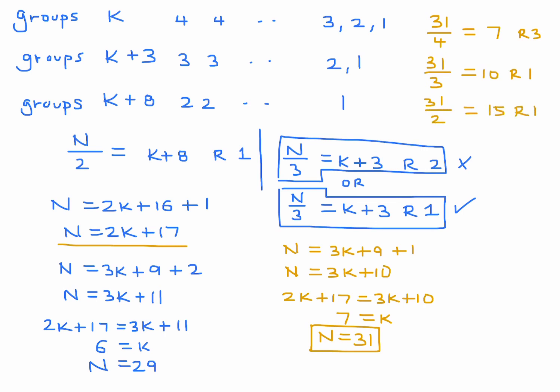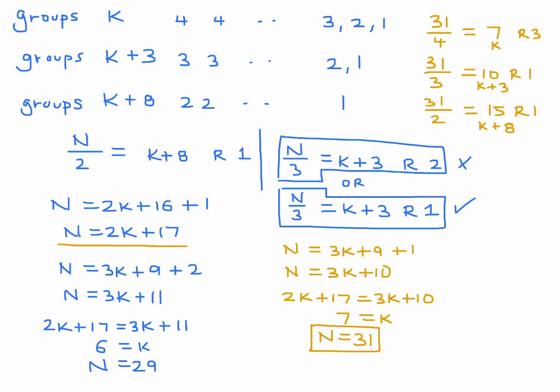So this is my k. This is my k plus 3. And this is my k plus 8. And do these numbers all match up? They do. Yes. All right, perfect. So n is 31.